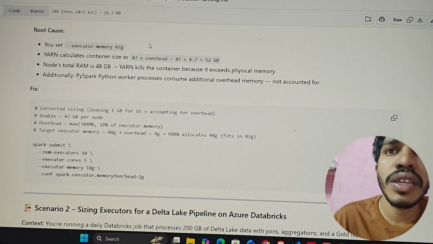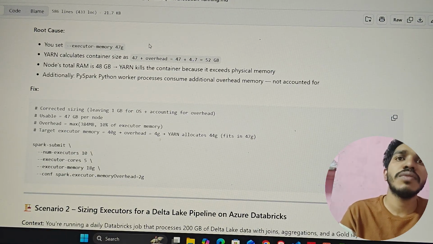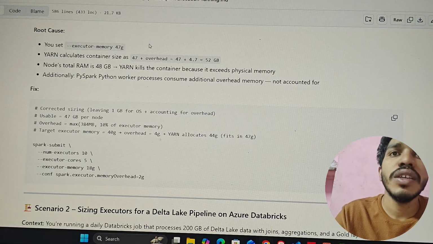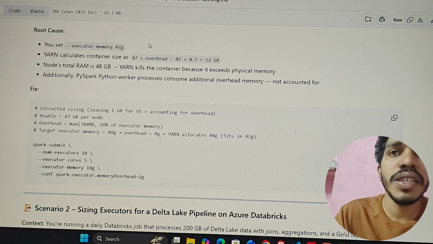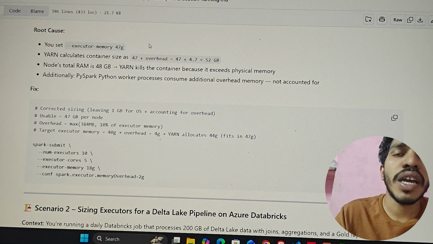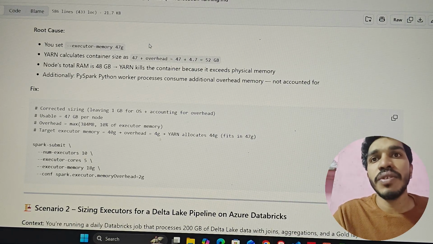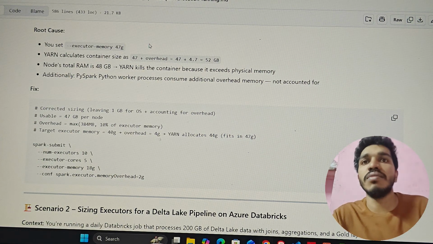Root cause: you set Spark memory to 47 GB. The YARN container size is 47 plus overhead, which is 47 plus 4.7, about 52 GB, but the node's total RAM is 48 GB. YARN kills the container because it exceeded physical memory.